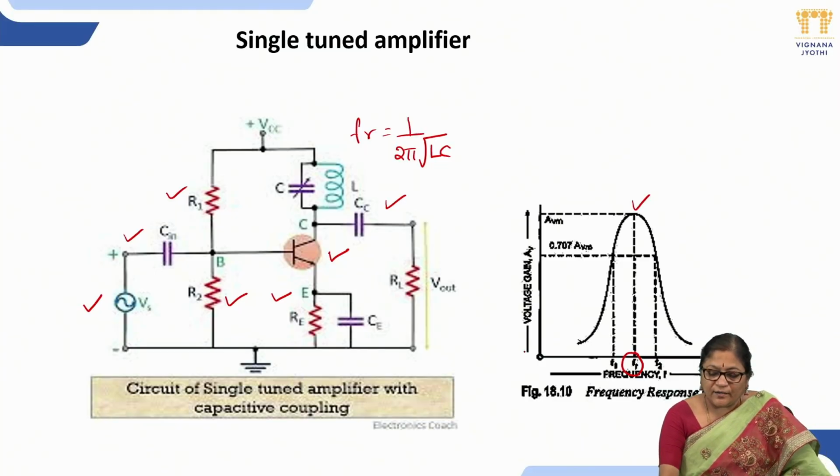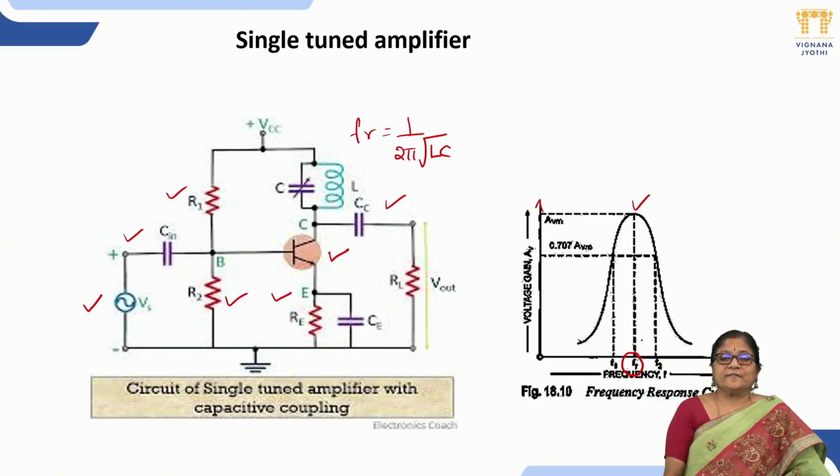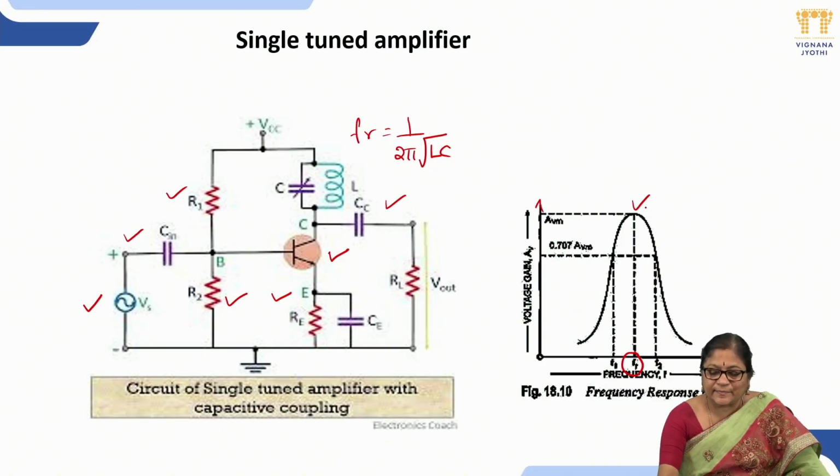If you draw frequency on the x-axis and gain on the y-axis, for all the frequencies, the curve will be the frequency response curve. This is the maximum gain or peak gain you are going to get. To measure the bandwidth, you have to draw a minus 3 dB line, if it is expressed in decibels, otherwise 0.707 times the maximum gain.